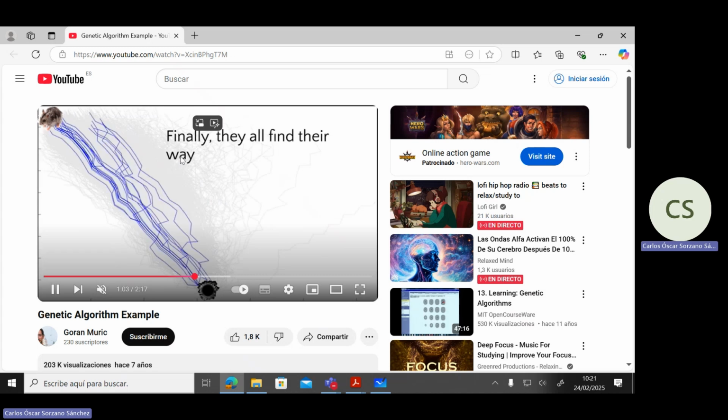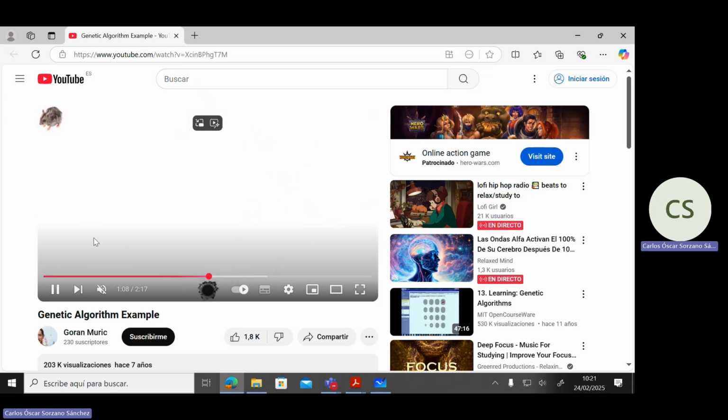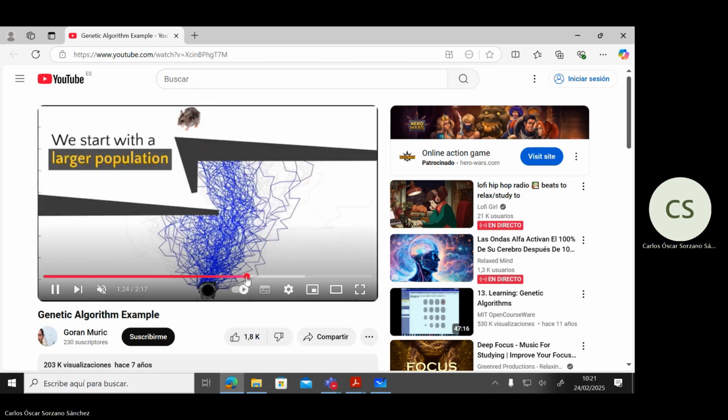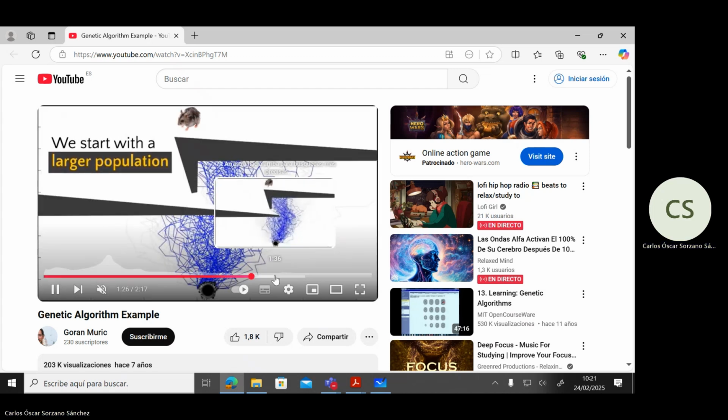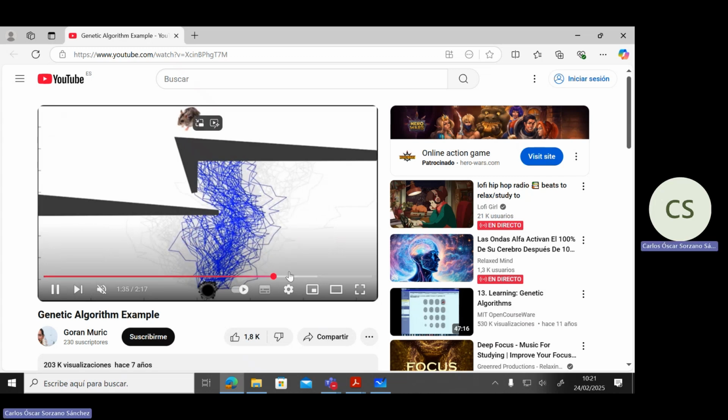So all this is a genetic algorithm. At the end, this is the final solution. All the population of paths somehow combines into it. That is very nice. This population of paths.